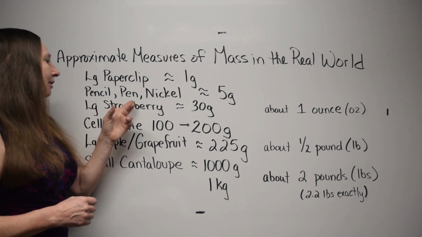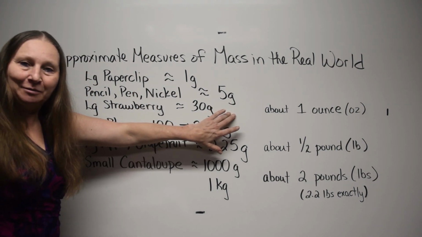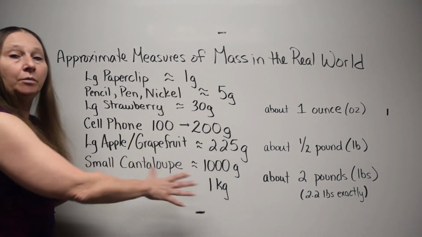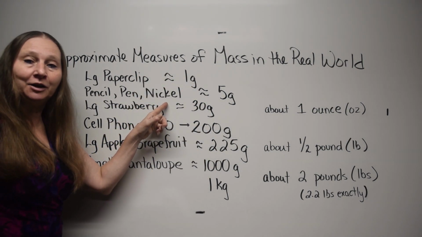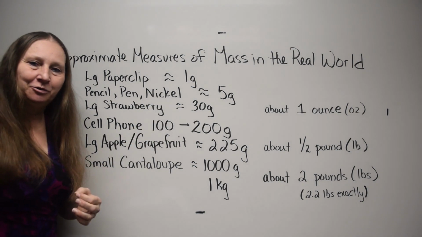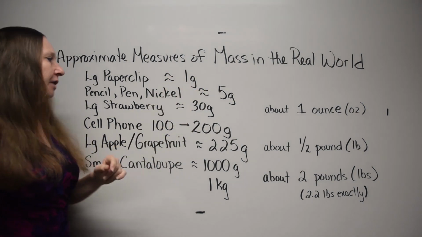A pencil or a nickel, the coin, is 5 grams. Now these are all very, very approximate. The only one that's pretty exact is the mass of the nickel, because that's standardized by the federal government. But a pencil or a pen or a nickel, about 5 grams.